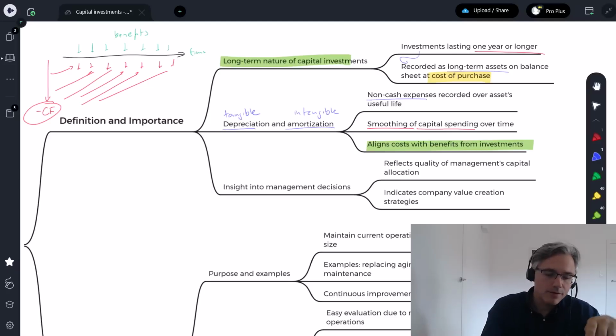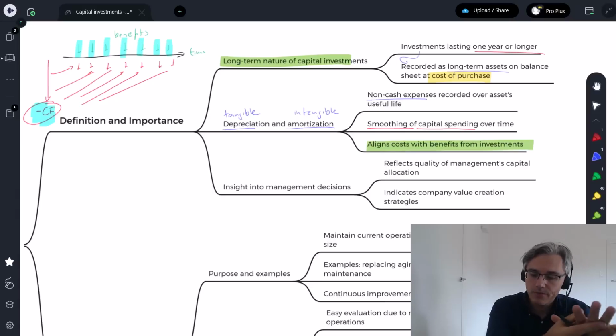After all, what you spend money on is going to potentially give you benefits in the future. So that's absolutely important. And as a result, these decisions on what to spend money on provide insights into the quality of management, their decisions, and also how the company hopes to create value.